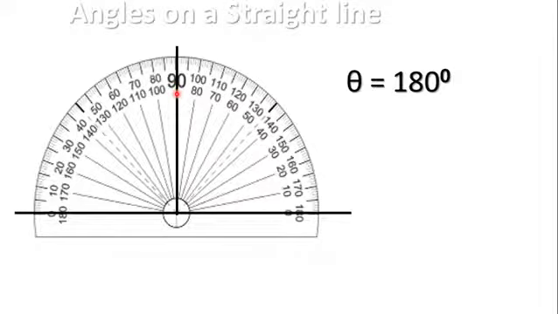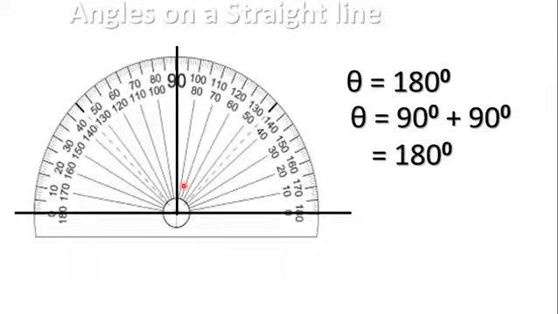So it means that the angle between this line right here through the vertical line down to this other line right here will be 90 degrees from this side plus the 90 degrees from this side, which also gives me 180 degrees.